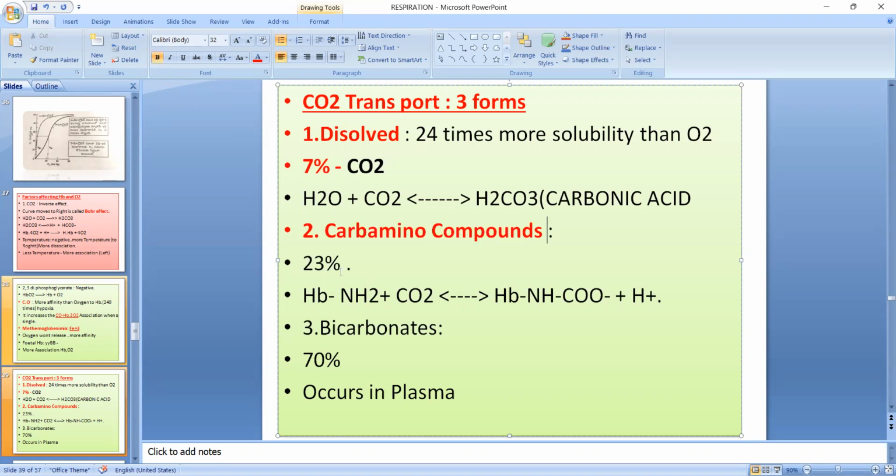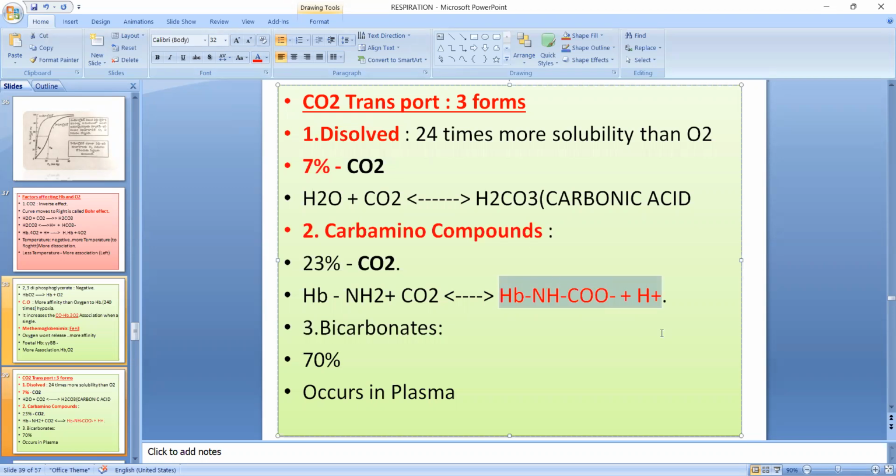Okay, so about 23% of CO2 is transported in the form of carbamino compounds. సో ఇక్కడ మనకు ఒక ఎగ్జాంపుల్ ఏమి ఇచ్చిందంటే హిమోగ్లోబిన్, విచ్ ఇస్ ఎ ప్రోటీన్. ఇది కూడా ఒక ప్రోటీన్. సో వాట్ ఈస్ దిస్ NH2? వన్ ఆఫ్ ది NH2 ఫంక్షనల్ గ్రూప్ ఆఫ్ హిమోగ్లోబిన్. ఓకే, ఇట్ కంబైన్స్ విత్ దిస్ CO2 టు ఫార్మ్ దిస్ ఈస్ కాల్డ్ కార్బమినో హిమోగ్లోబిన్ అని అంటాం.